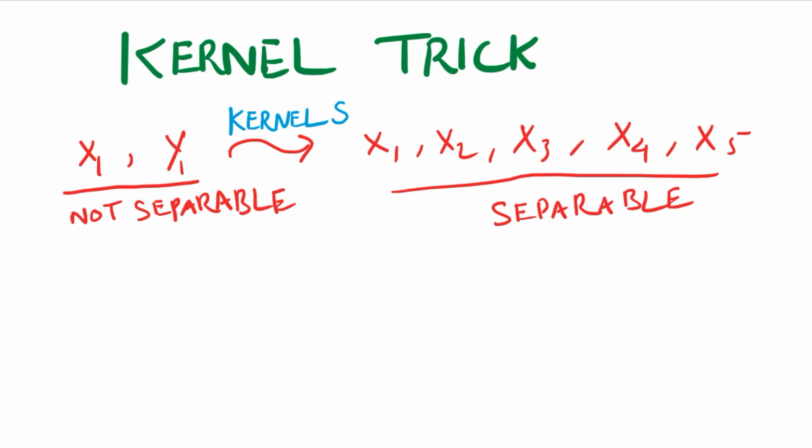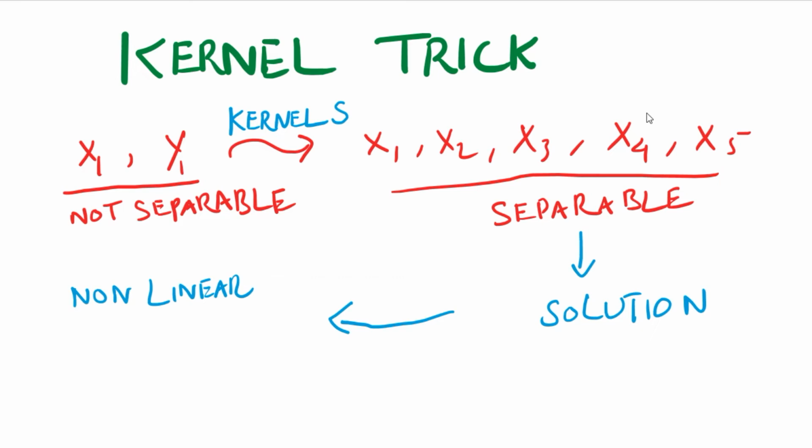When you apply the kernel trick to change your input space from XY to a much larger input space, separate the data points using support vector machine, and then take the solution and go back to the original space, you now have a non-linear separation.